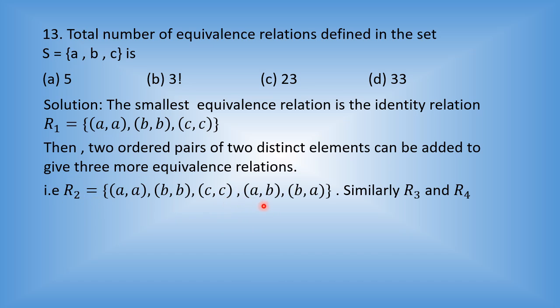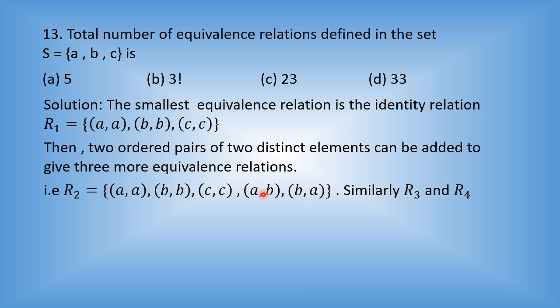Similarly, R3 and R4. R3 is nothing but, considering all these, instead of taking the ordered pair (A, B), (B, A), I'll take (A, C) and (C, A). I'll consider that as R3. And R4 is the identity pairs along with (B, C) and (C, B).